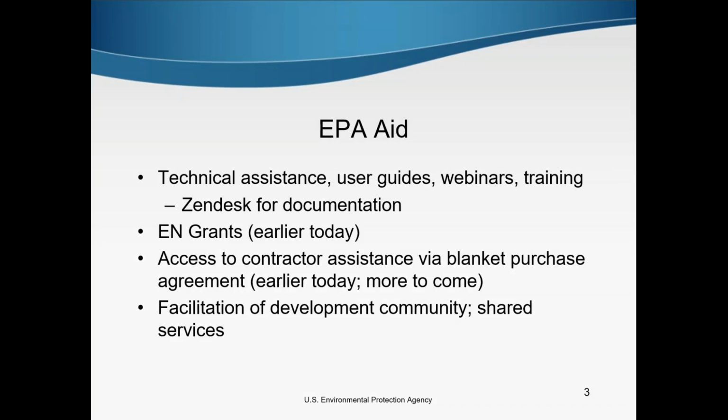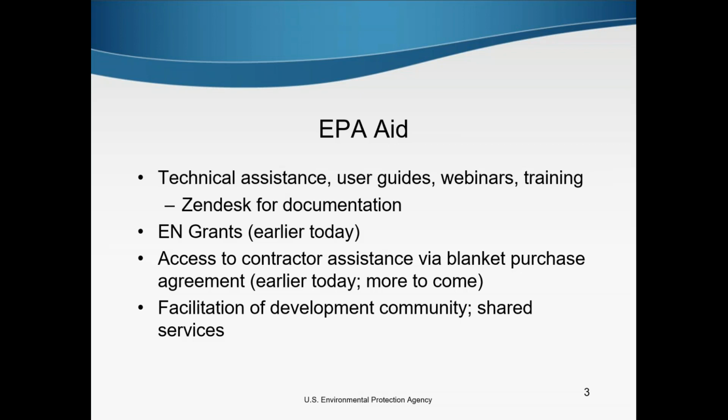To outline the type of aid that we have available to you for transition, we offer technical assistance both via phone call or email, but also up on Zendesk we have our documentation, user guides, and training information, some of which is still being developed. We're also going to conduct webinars. And then earlier today, as we mentioned, we have grants available and access to contractor assistance via the BPA.